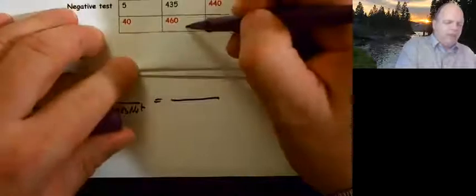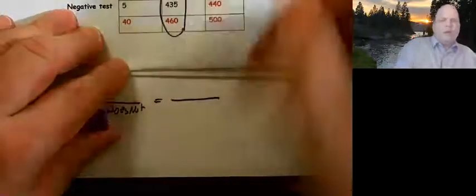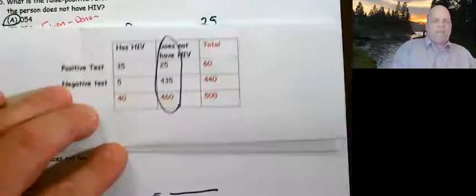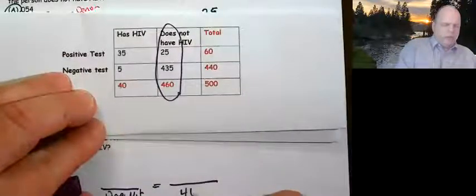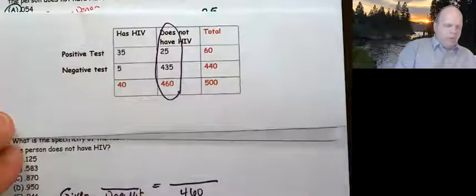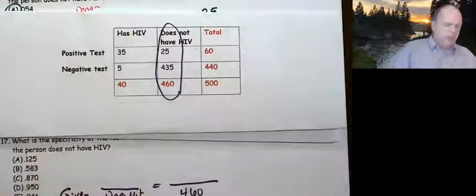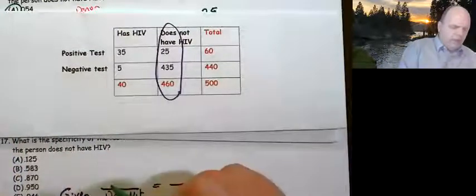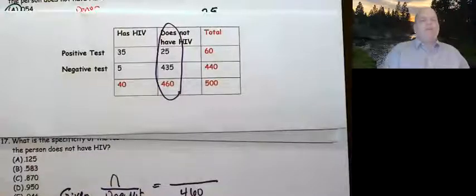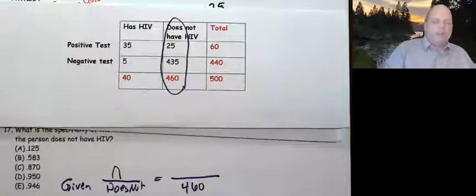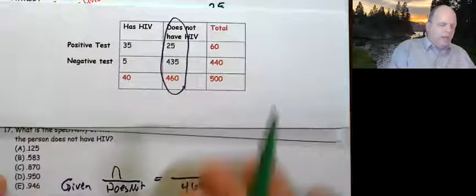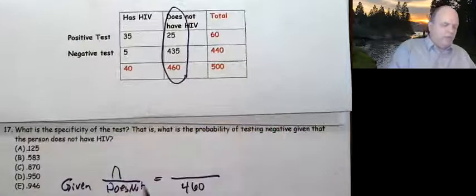Does not have HIV. Well, that looks like 460 don't have HIV. We know we're going to have an intersection in the numerator because anytime it's a given, or "of" is also the other denominator word, anytime it's a given or an "of," we're going to have an intersection in the numerator.